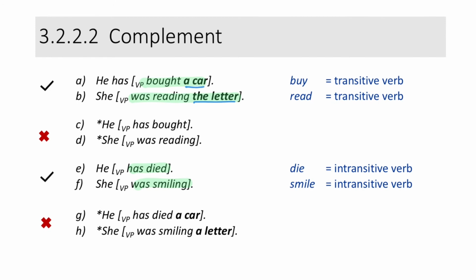Adding noun phrases like a car and the letter to the sentences would make them ungrammatical, as illustrated in G and H. So, it can be said that the occurrence of a complement depends on the head. In other words, the complement has to be licensed by the head.